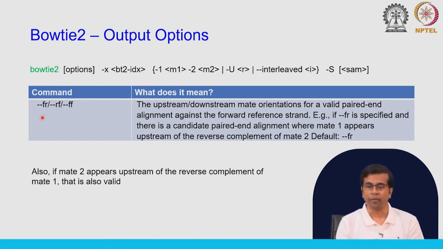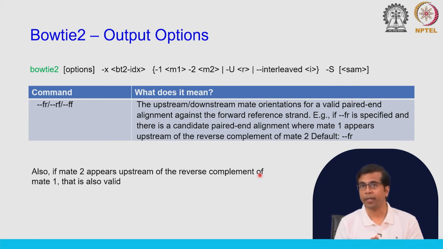So, for example, if you specify minus FR, and you see a paired end alignment where mate 1 appears upstream of the reverse complement of mate 2, you have mate 2 here, then you see mate 1 in the upstream region, and the alignment of mate 2 is in the reverse complement. So, this will be a valid alignment.